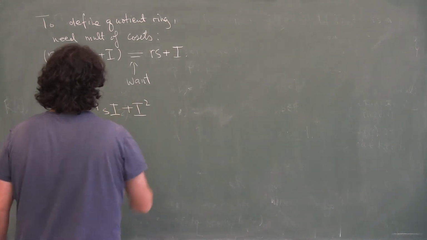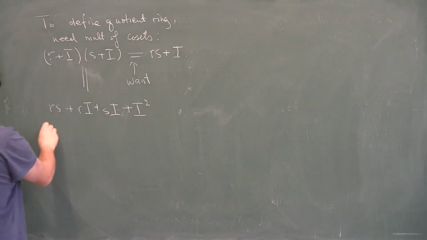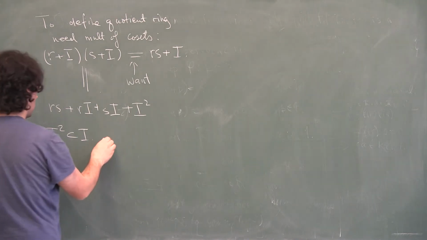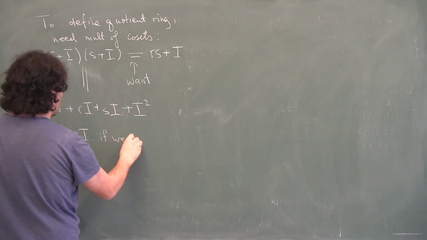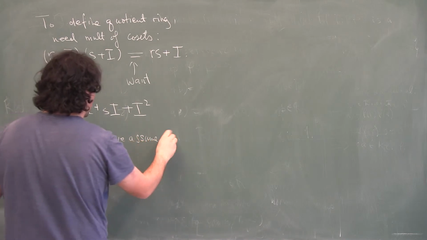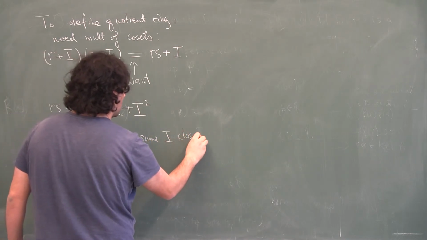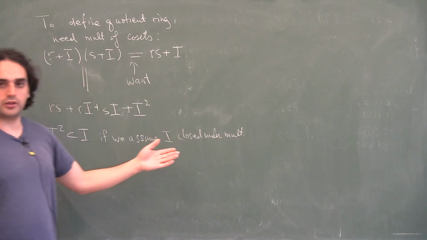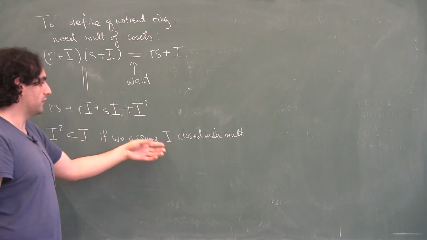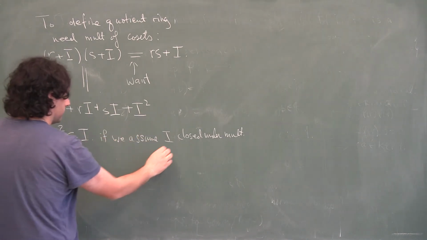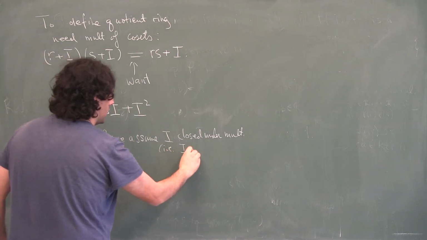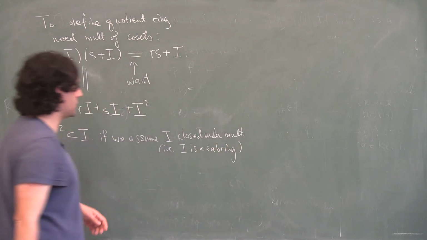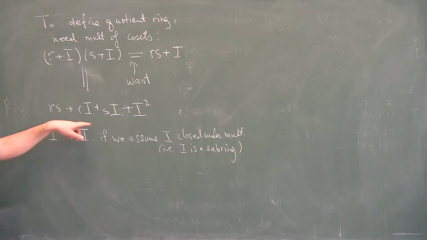plus I squared. Now this I squared is harmless. I squared is contained in I, if we assume I is closed under multiplication, which is a weaker condition than the ideal condition. That is, this would imply that I is a subring. But my point is, why would this not be enough?